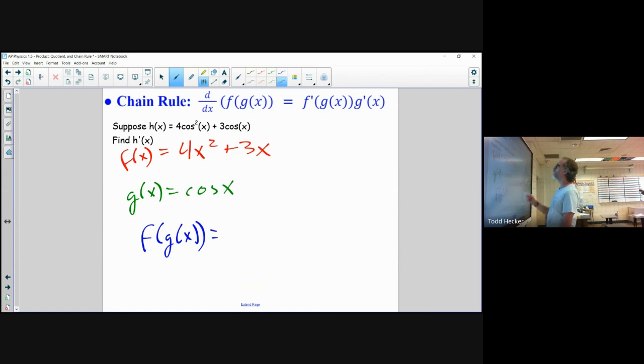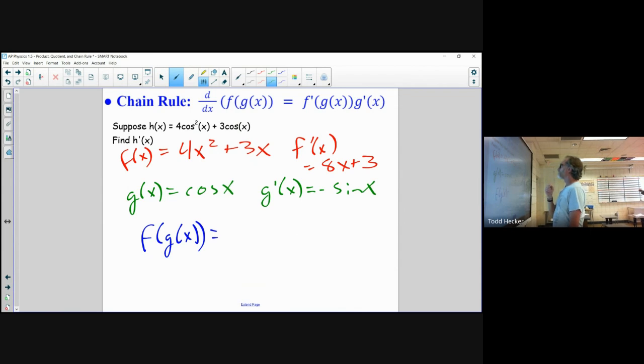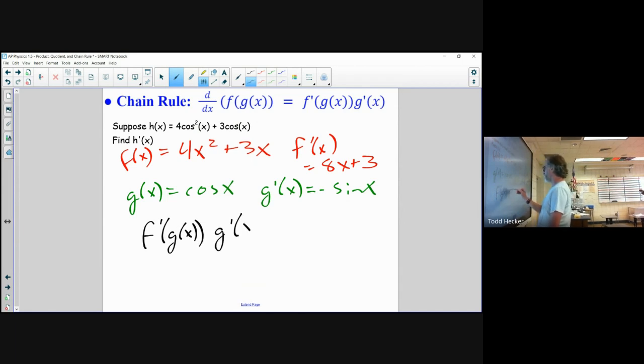So I'm going to apply the power rule to my polynomial. Well, let's finish this up. f prime of x is 8x plus 3. g prime of x is negative sine x. I want f prime of g of x times g prime of x.